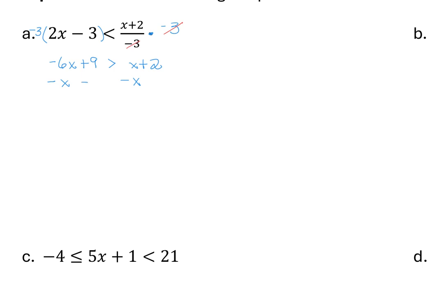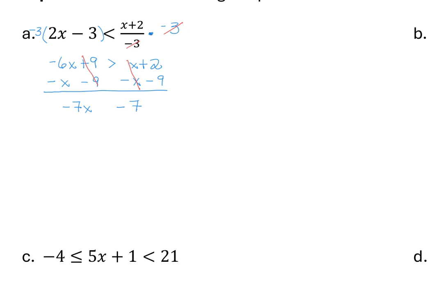And since I'm moving my variables to the left, I want to move my constants to the right. And so when we do this, we get negative 7x. My 9's cancel on the left. My x's cancel on the right. And then we get 2 minus 9 is negative 7.